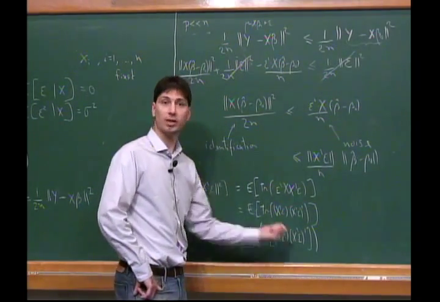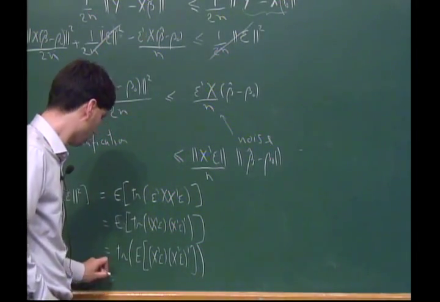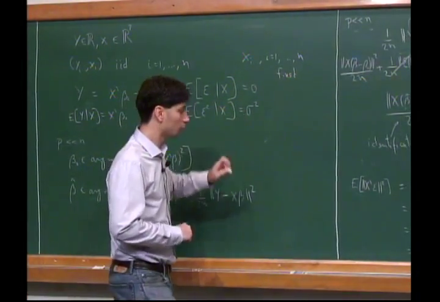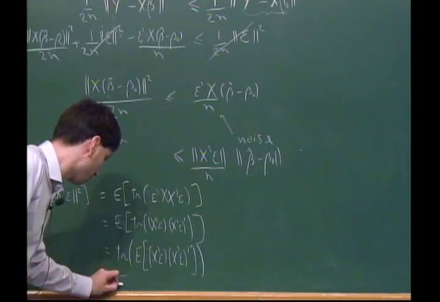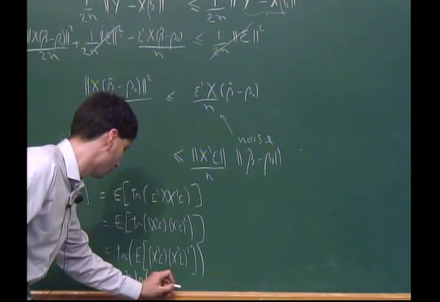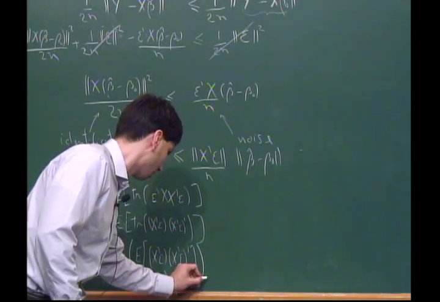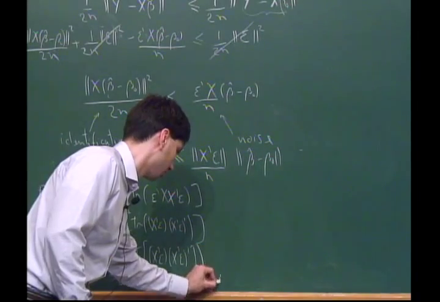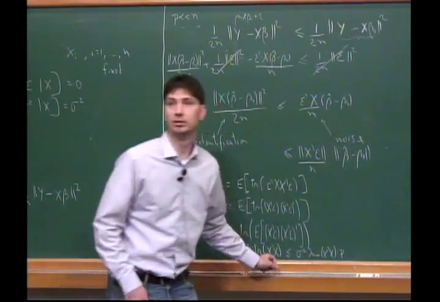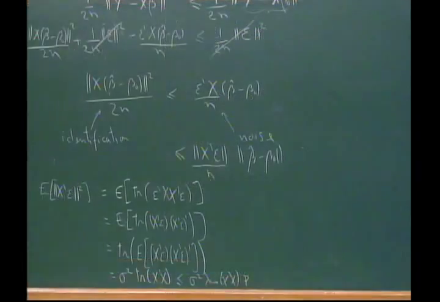So now this is just the covariance matrix of X transpose epsilon. Since the variance is homoscedastic, sigma squared, we just get sigma squared trace of X transpose X, which one can further bound by sigma squared, the maximum eigenvalue of X transpose X, times the dimension p, since X transpose epsilon is a p-dimensional vector.